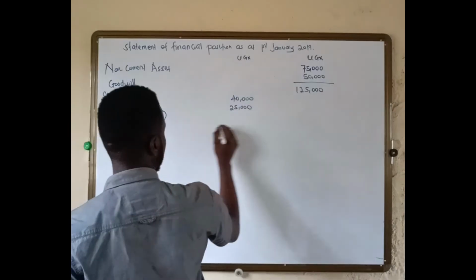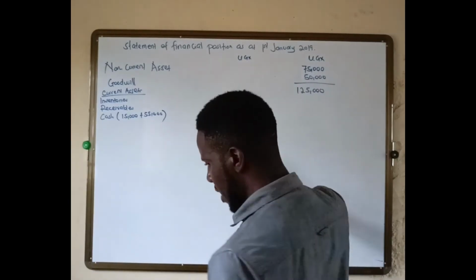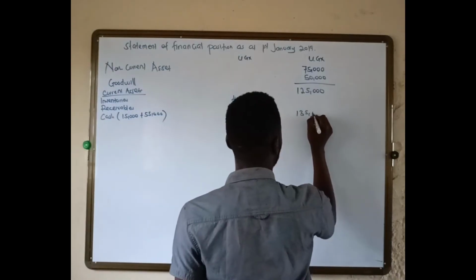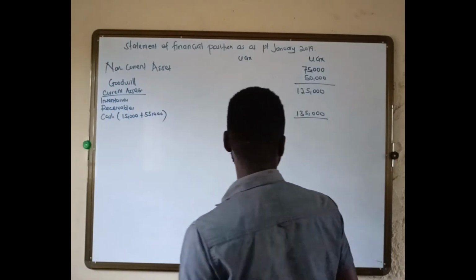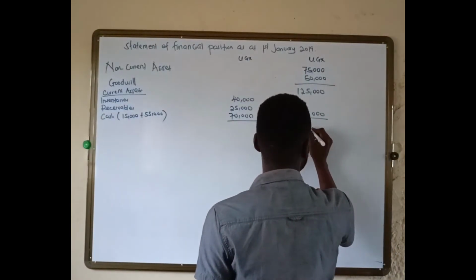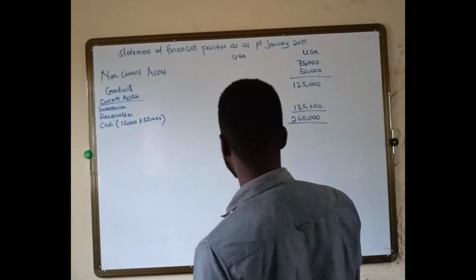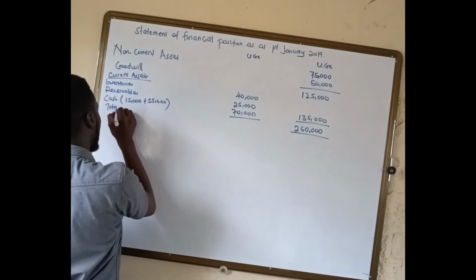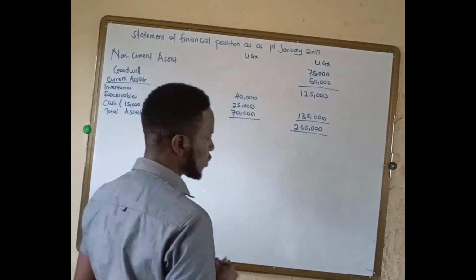Therefore, we shall have this as 70,000. So when we add this, we shall have 135,000. So we take our total assets, and the value will be 260,000. This is the value we have as our total assets.